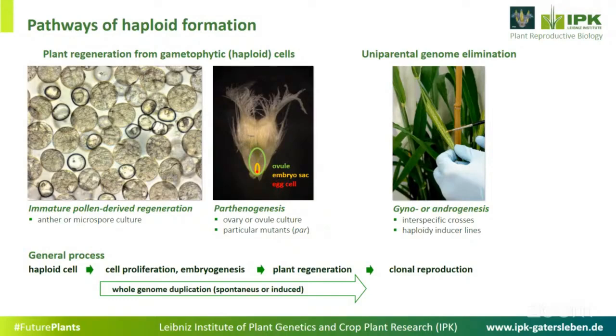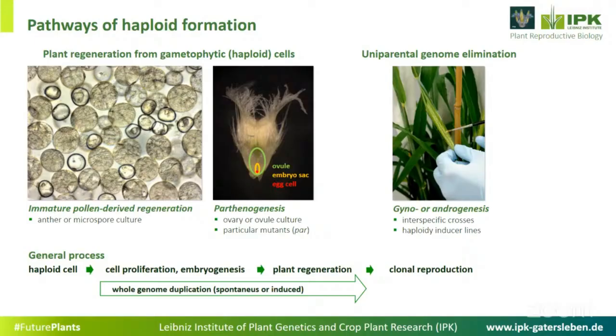And during all this pathway, you need to have one event which is essential for the technology. This is whole genome duplication. A haploid plant is not capable of producing a next generation because it cannot undergo a regular meiosis, a reduction division. And therefore, this whole genome duplication is required to obtain the diploid status again.